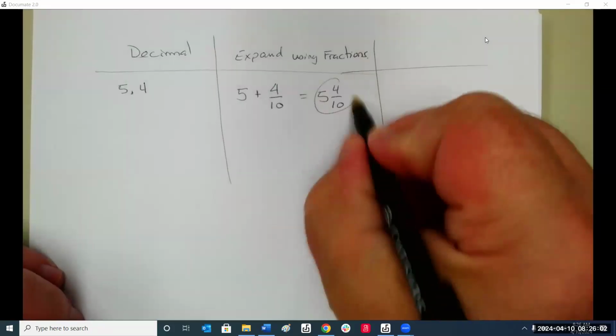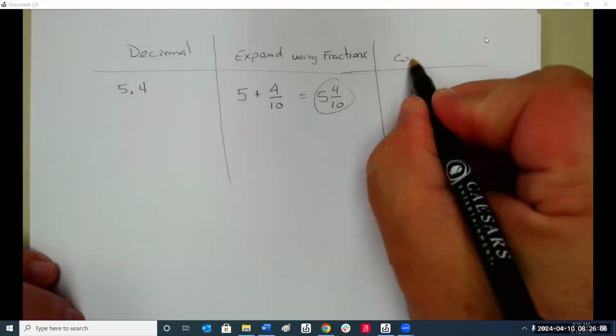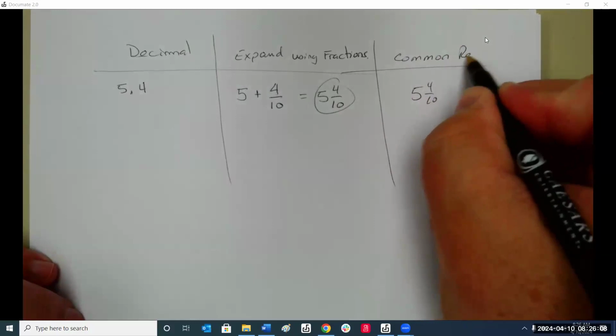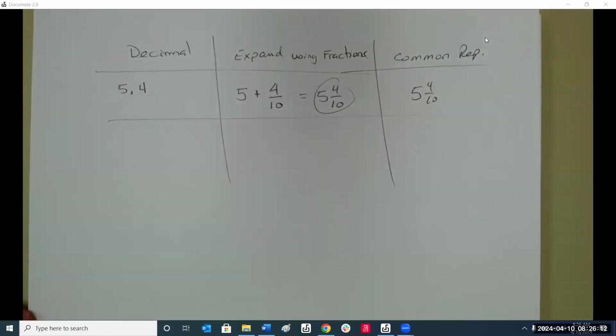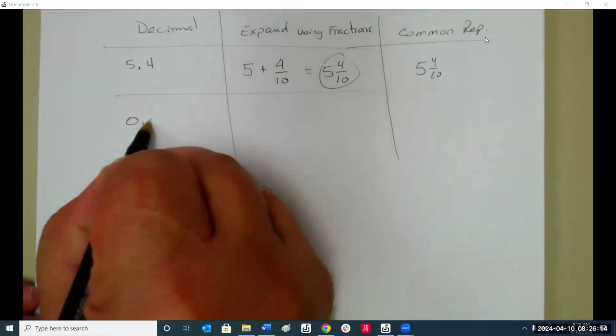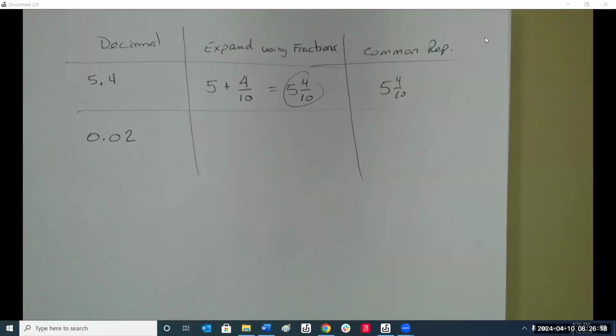Which is the common representation. How about that one? How would you represent that one?